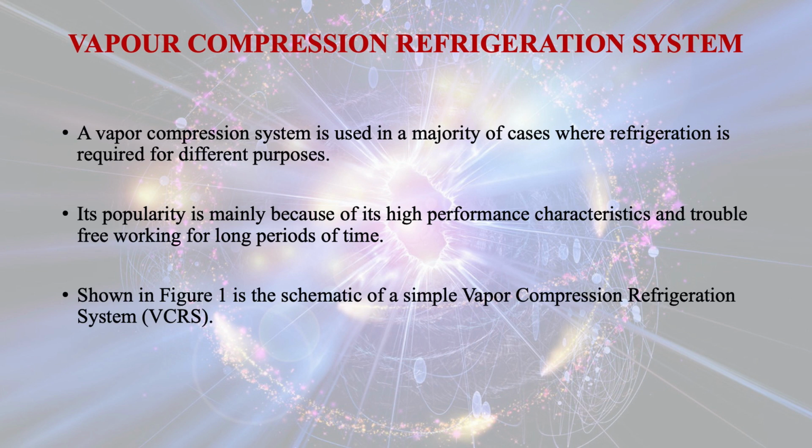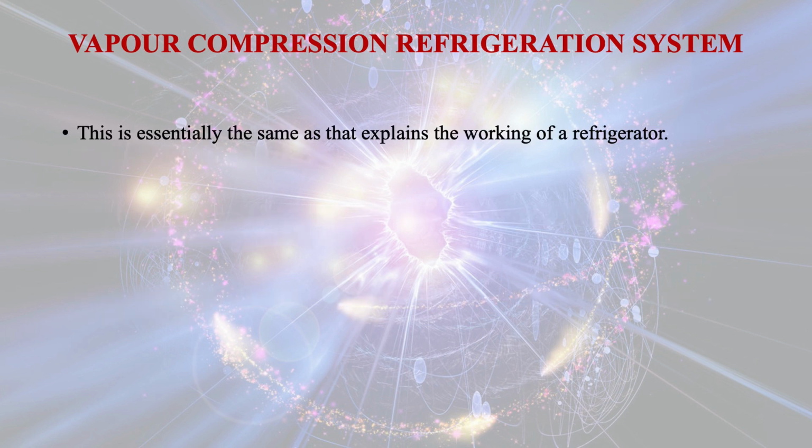Shown in figure 1 is the schematic of a simple vapor compression refrigeration system. In short, we will say VCRS, vapor compression refrigeration system. This is essentially the same as what explains the working of a refrigerator.